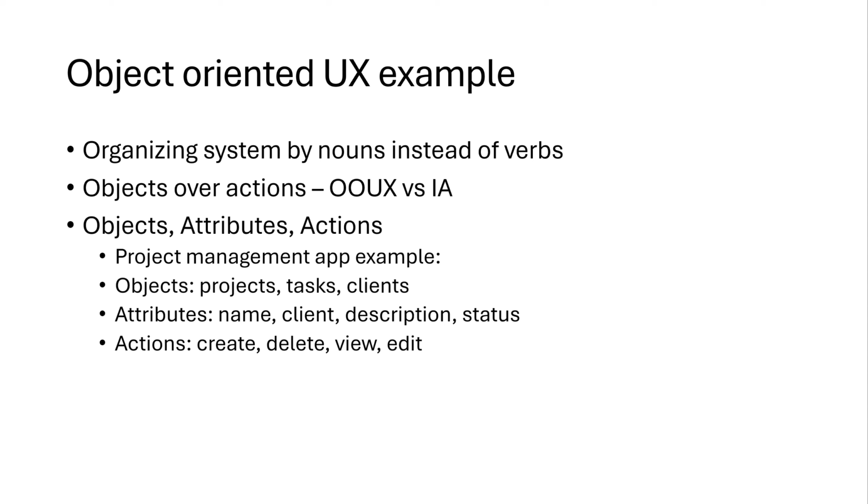So in an object-oriented UX example, you're organizing your system by nouns instead of verbs. So objects over actions, and that's a typo. That should be OOUX versus IXD. So the object-oriented UX would be the foil to interaction design.